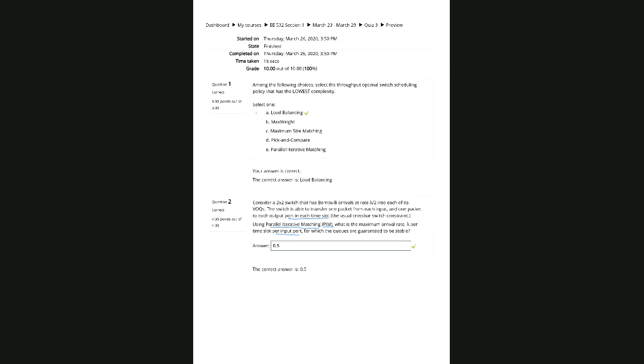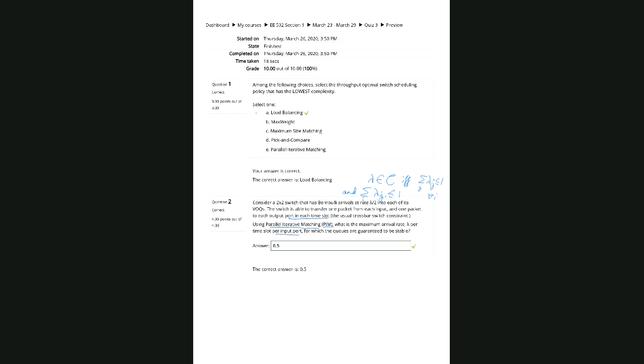Now the capacity region is such that lambda is in C if and only if the summation of lambda ij is less than or equal to 1 for all i, and the summation of lambda ji over all i is less than or equal to 1.